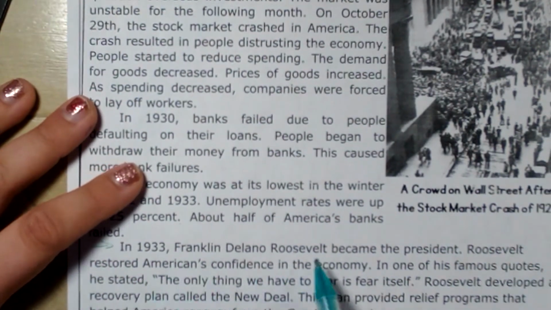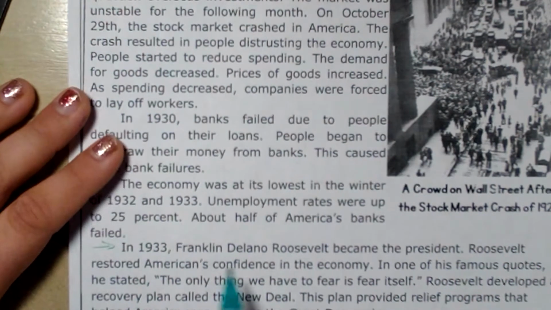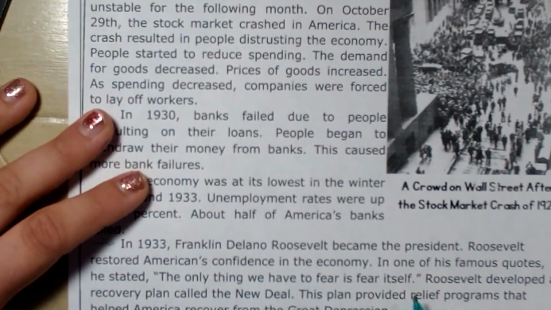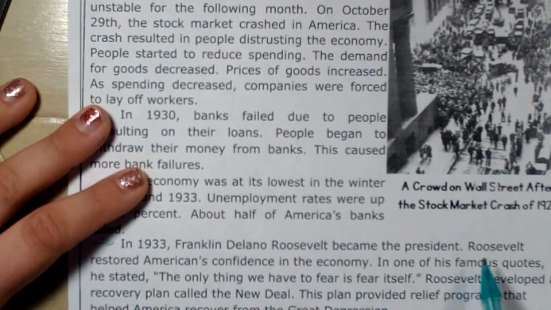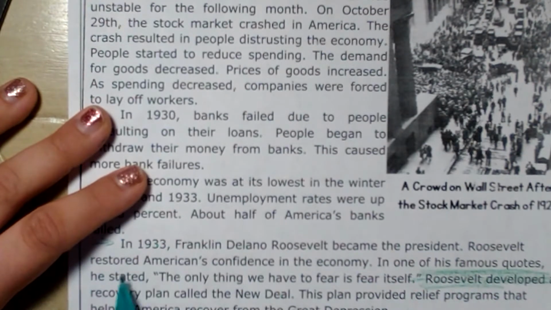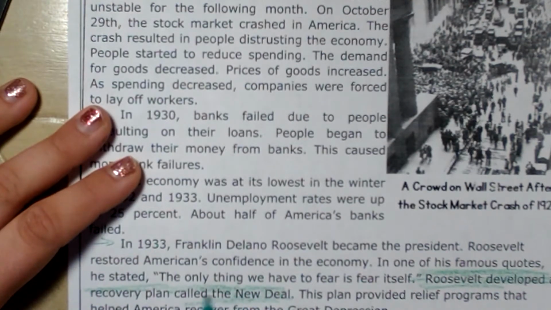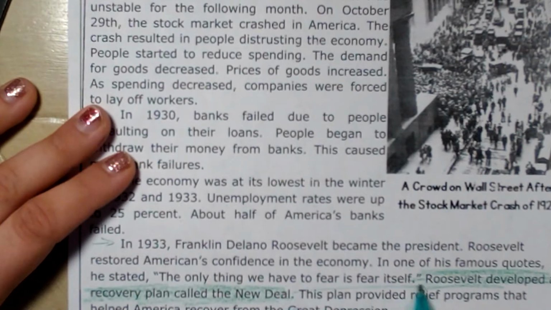Roosevelt restored Americans' confidence in the economy. In one of his famous quotes, he stated, "The only thing we have to fear is fear itself." Roosevelt developed a recovery plan called the New Deal. Okay, so that's something that we need to highlight. The plan provided relief programs that helped America recover from the Great Depression.